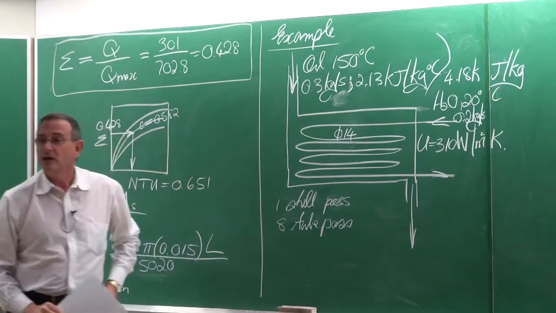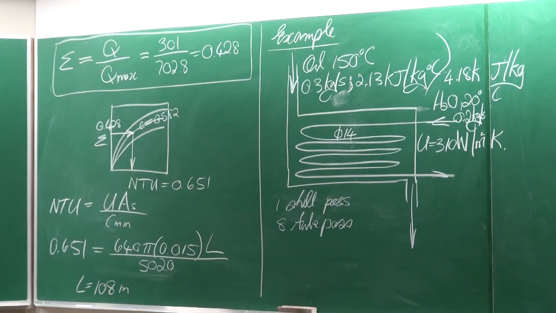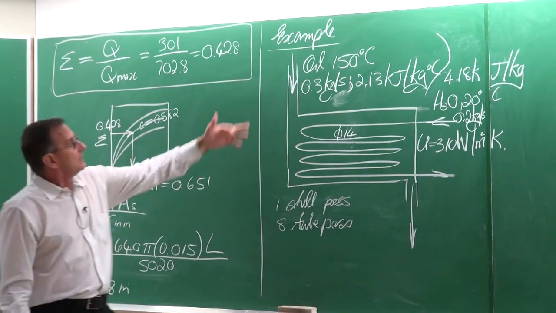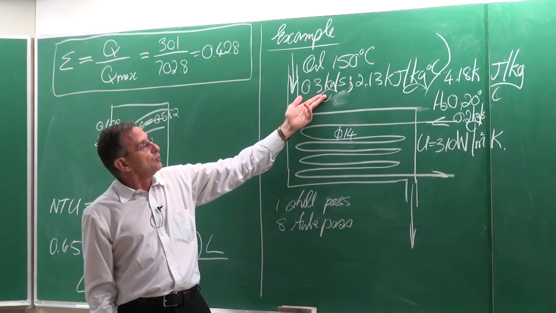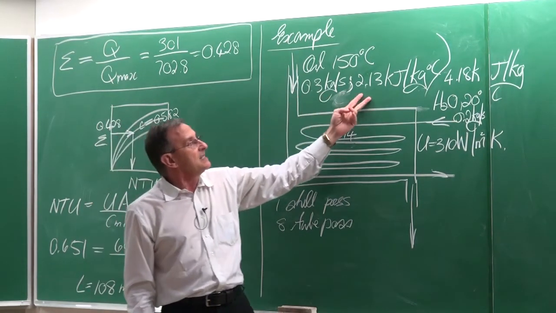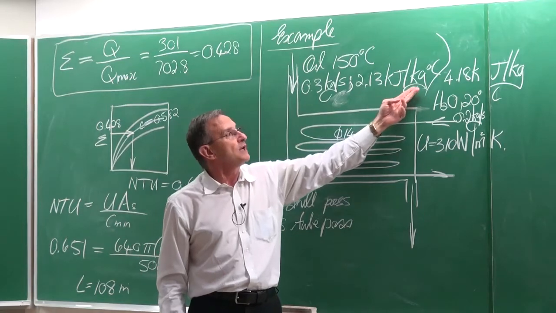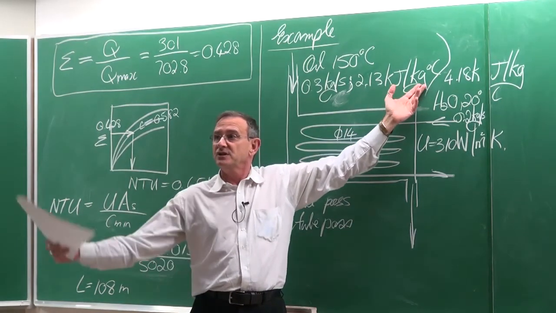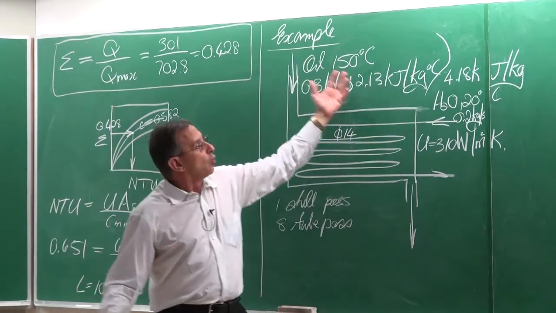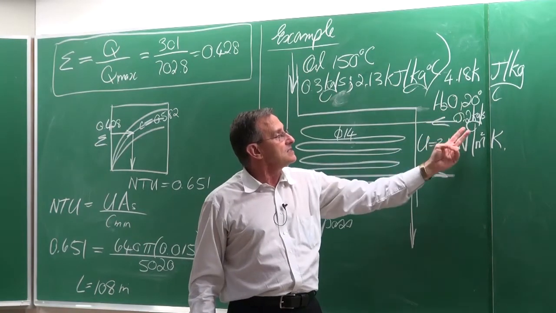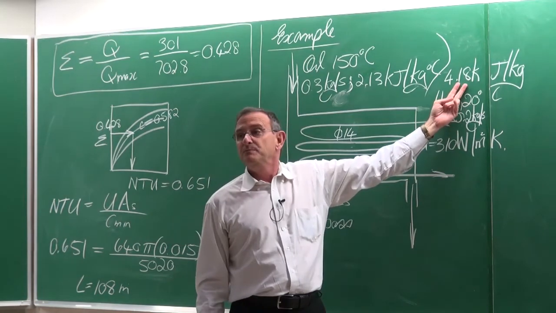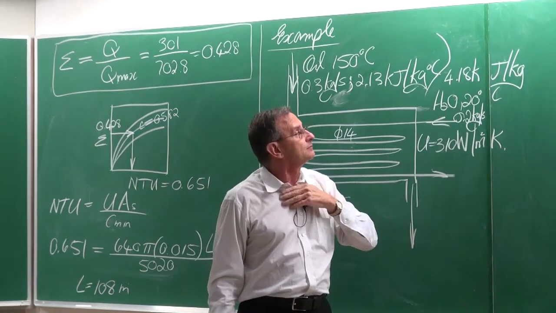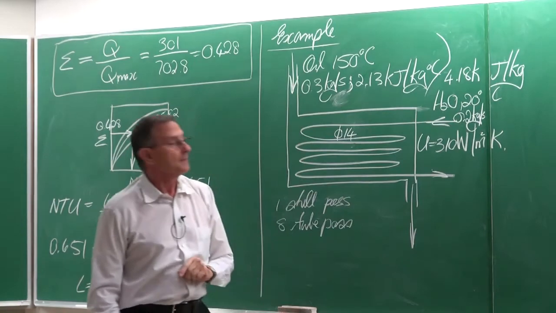I'm going to repeat all the values just now for you, in case you can't read it, and in case it's too close to each other. Okay, let's start. Oil, 150 degrees Celsius, mass flow rate 0.3 kilograms per second, and the CP is 2.13 kilojoules per kilogram degree Celsius. Everybody's got it? Water at 20 degrees Celsius, mass flow rate of 0.2 kilograms per second, and CP 4.18 kilojoules per kilogram.